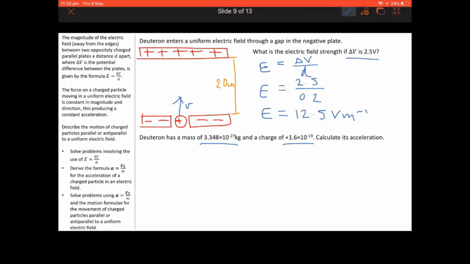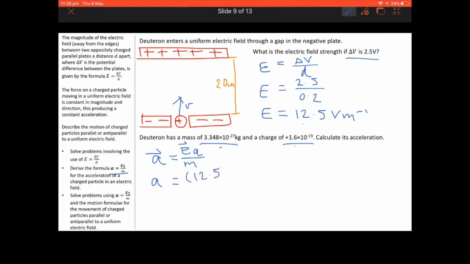Anyway, calculating its acceleration, we can just use, same as before, the acceleration equation. Acceleration is equal to the magnitude of the electric field, times the charge of the particle, divided by the mass of the particle. We know all three of those things, so it's just a matter of entering them in.